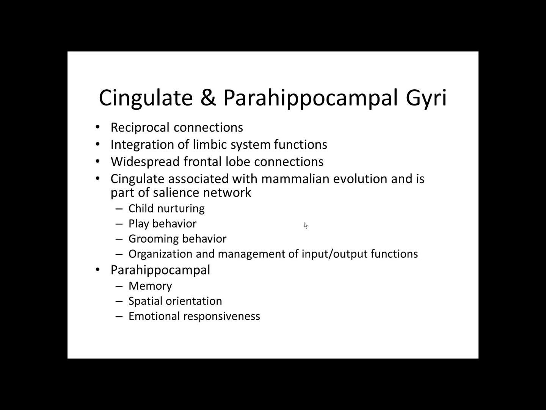And the cingulate itself is involved in, through a variety of primate studies, child nurturing, play behavior, grooming behavior, but it also, in the human particularly, is the organization and management hub for input-output functions. So it's a pretty important structure.